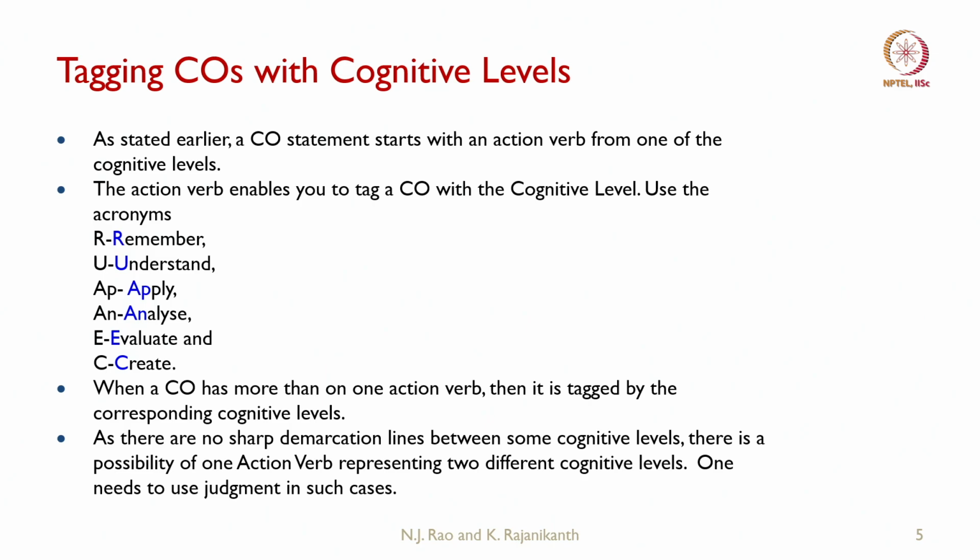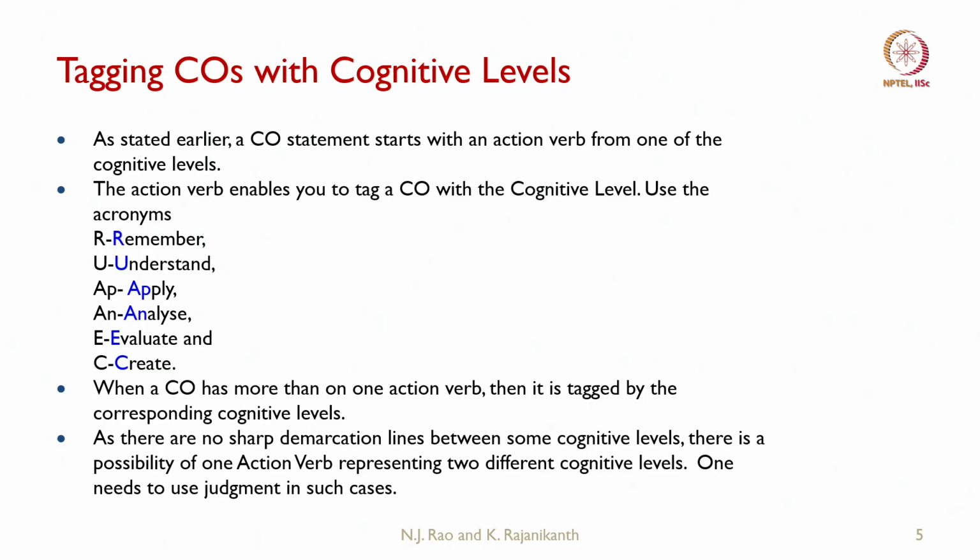Now, while tagging, you need to have some kind of a simple procedure. As stated earlier, a CO statement starts with an action verb from one of the cognitive levels. Even if you have multiple action verbs in the statement, generally it starts with one action verb. And the action verb enables you to tag a CO with the cognitive level.